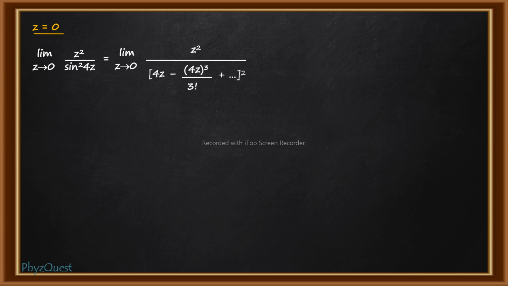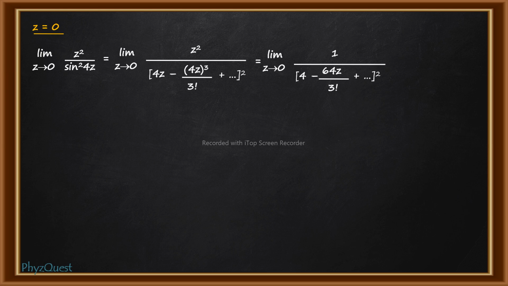Now if you look carefully, from the denominator, if you take z common out of the bracket, it will form z square, and in the numerator we already have a z square term. So z square will get cancelled. So this can be written as limit z tends to 0, 1 divided by 4 minus 64z by 3 factorial and so on, whole square.